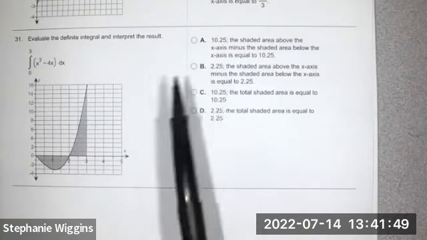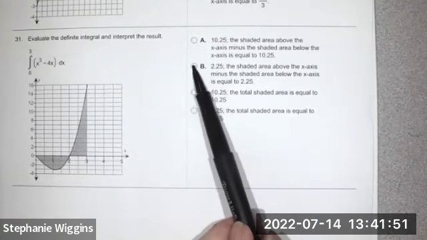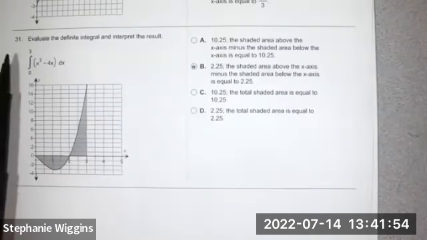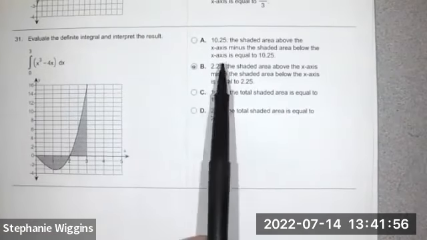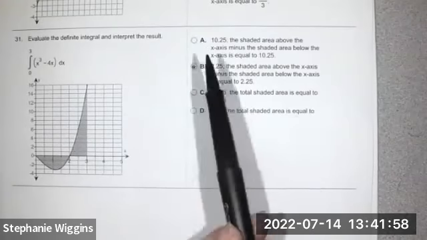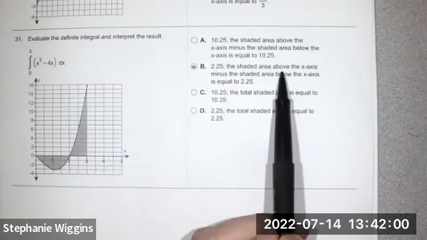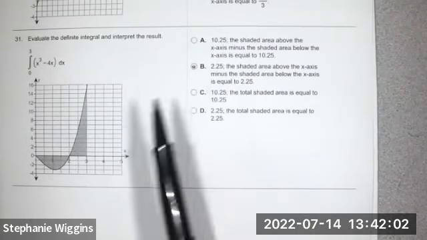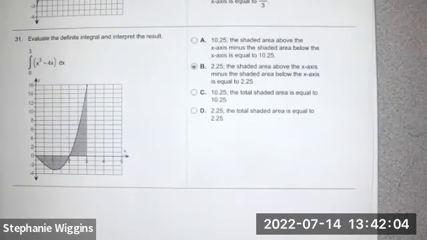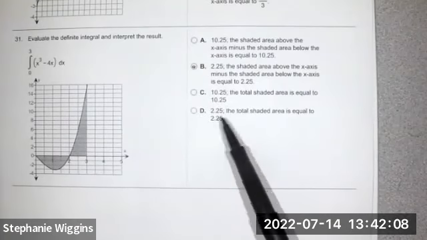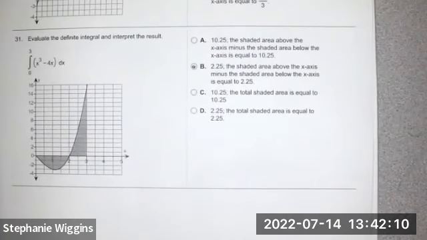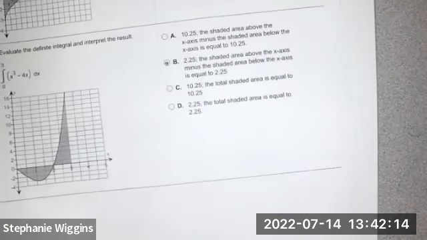So I'm guessing 2.25 and B is the correct choice. But just use your calculator. You'll probably get 2.25. And the interpretation is the shaded area above the x-axis minus the shaded area below the x-axis. So it's definitely not C or D, because it's not the total shaded area. It's either A or B.